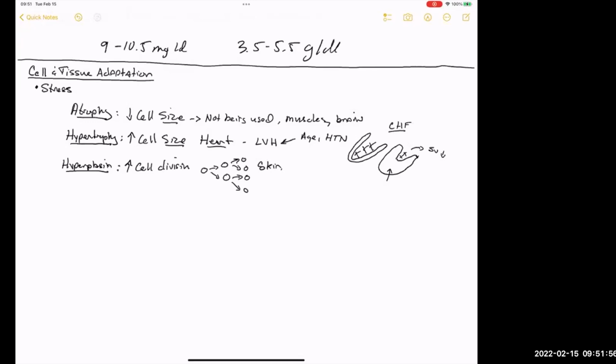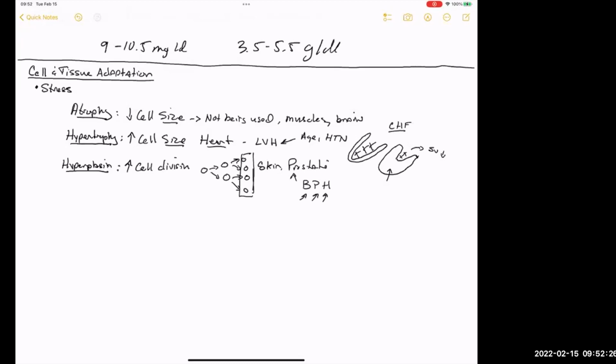And we can also see this pathologically. A common area is in the prostate. And there is a disorder very common known as BPH. And that stands for benign prostatic hyperplasia, which is where you have increase of cell division of the cells in the prostate, and the prostate begins to enlarge because there are now more cells. There's more cell division.